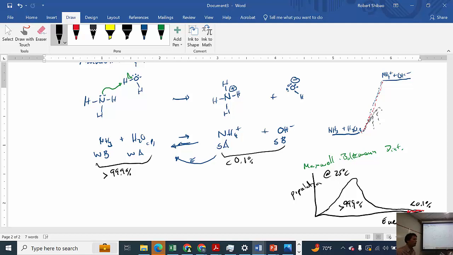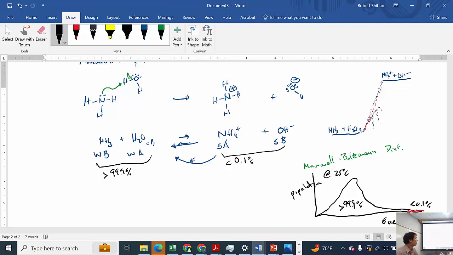Now, the molecules that make it up to the top of the hill, they don't stay there forever because ammonium is a stronger acid, and hydroxide is a stronger base than what's down here, so they're going to fall back down. And so as these fall back down, does this population go to zero? No, the population does not go to zero. The population stays the same. Why?